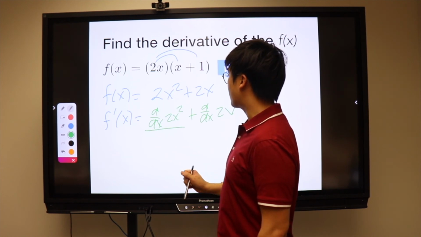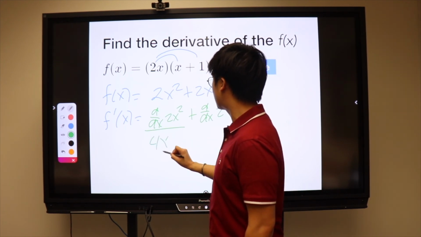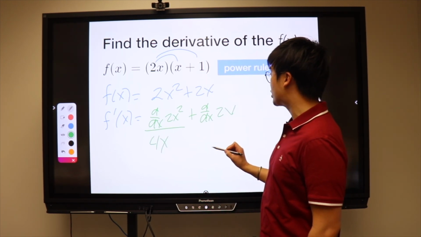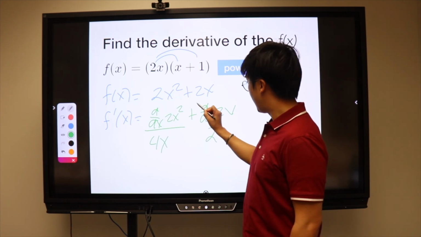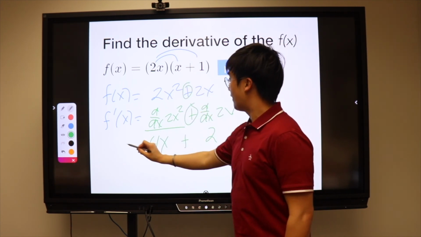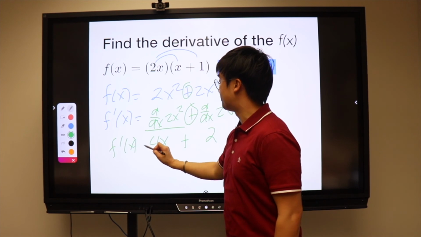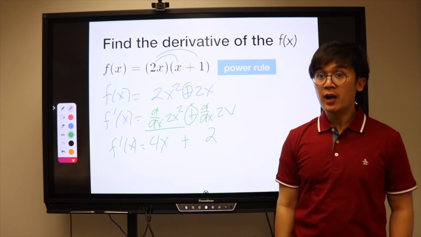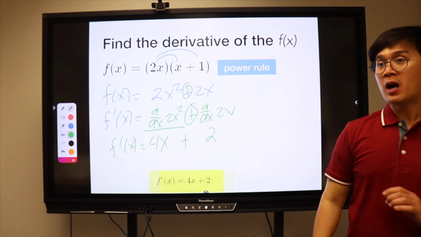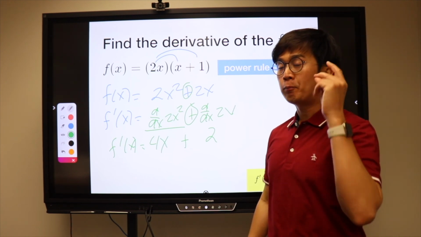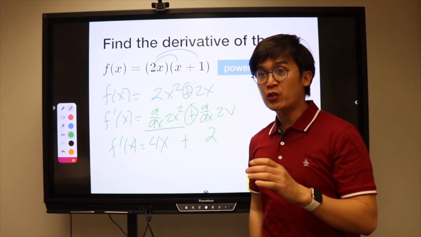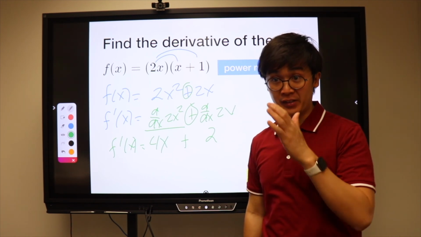And the ddx of this one is 4x, and the ddx of the second term is 2. And since it's all addition, that is my f prime of x. 4x plus 2.